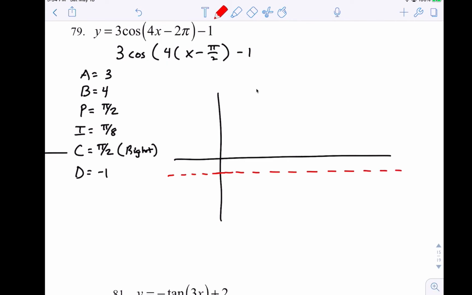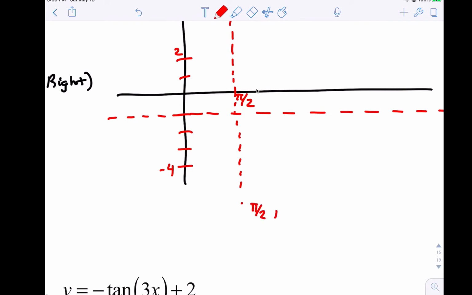All right, so d is -1. So amplitude is 3, so I'm going to go up to 2 and down to -4. We're going to move it right pi over 2. All right, and then I'm going to go up by pi over 8.